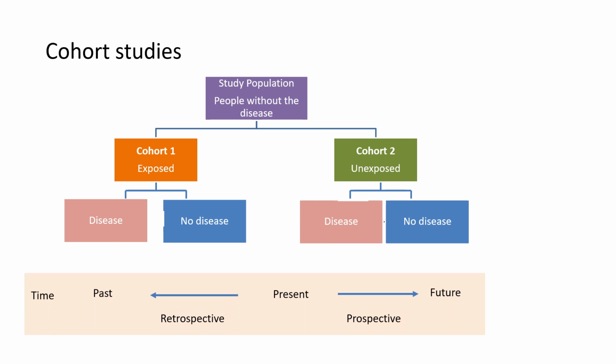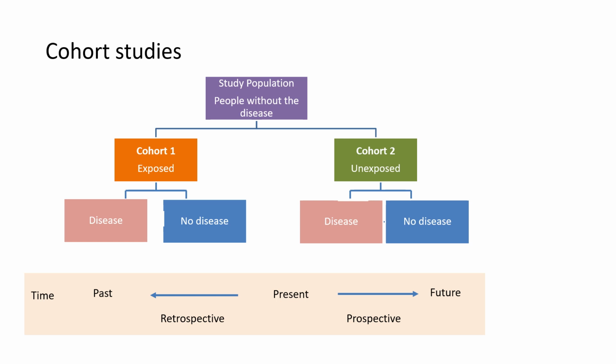If you look at it in terms of timelines, you can have prospective cohort studies where you start with your study population of exposed and unexposed, and you follow them into the future to see who develops disease and who does not. Cohort studies can also be retrospective.